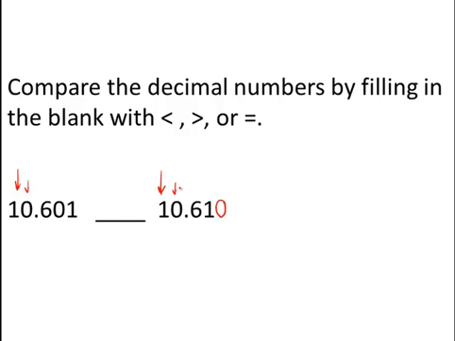To the right of the decimal point, in the tenths place, still the numbers match. Both numbers have a 6. When I get to the hundredths place, I see a difference. And because 0 is less than 1, this number on the left is less than the number on the right.